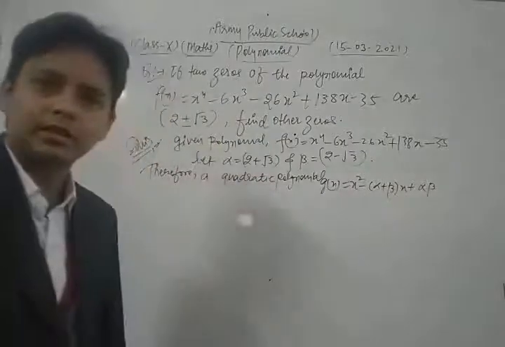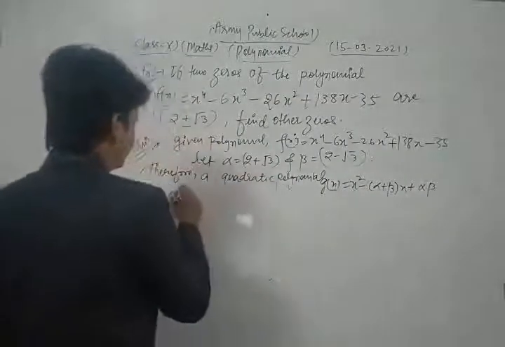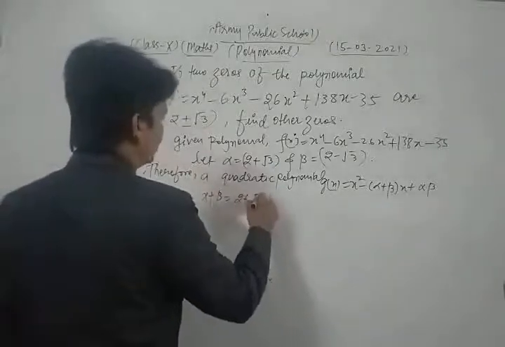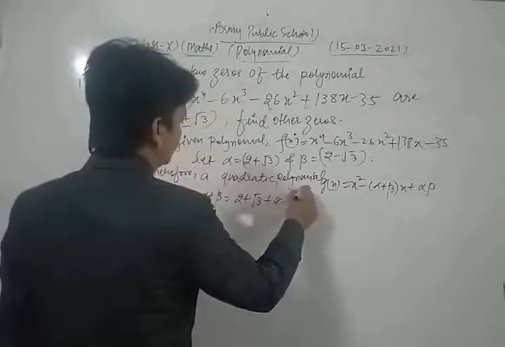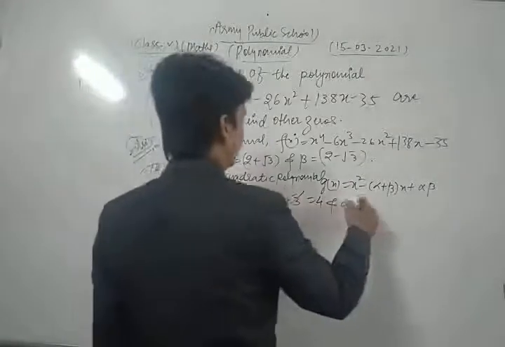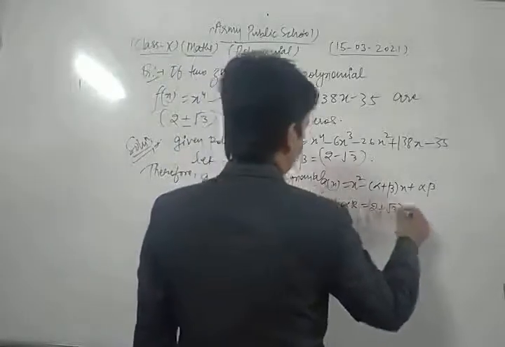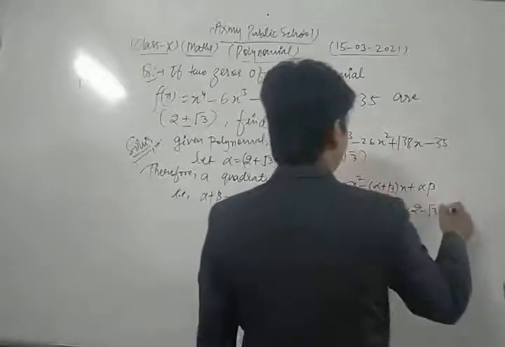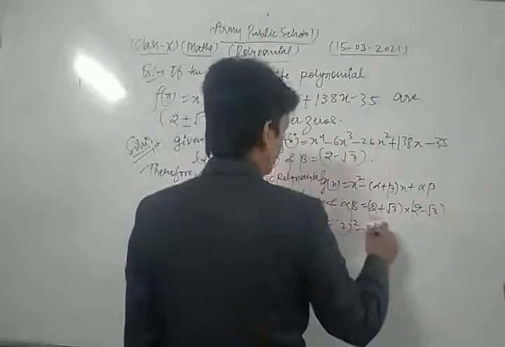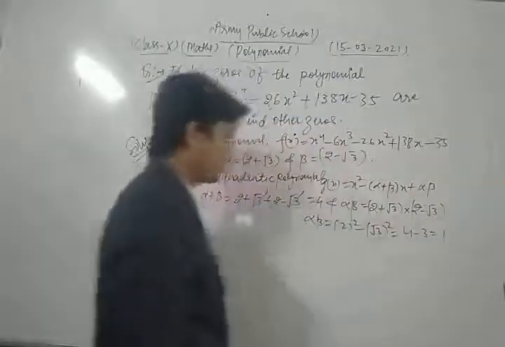I discussed that formula in previous classes. Here the sum of zeros, alpha plus beta, is 2 plus under root 3 plus 2 minus under root 3. Root 3 cancels, so it is 4. The product of zeros, alpha into beta, is 2 plus under root 3 into 2 minus under root 3, that is 2 square minus 3, that is 4 minus 3, that is 1.